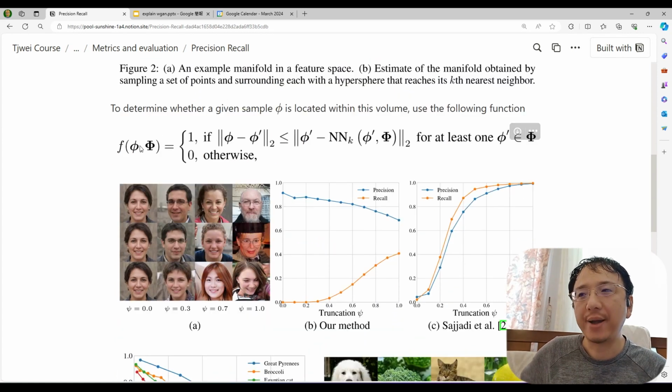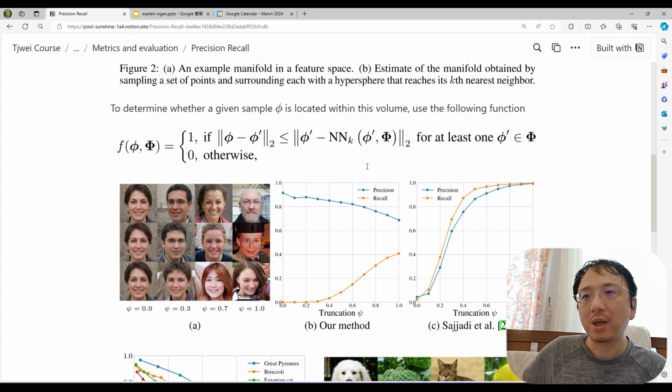Let's look at this formula that defines the approximate manifold. We have a dataset right here, and phi is the image that we wish to determine whether it is on the real manifold or not.